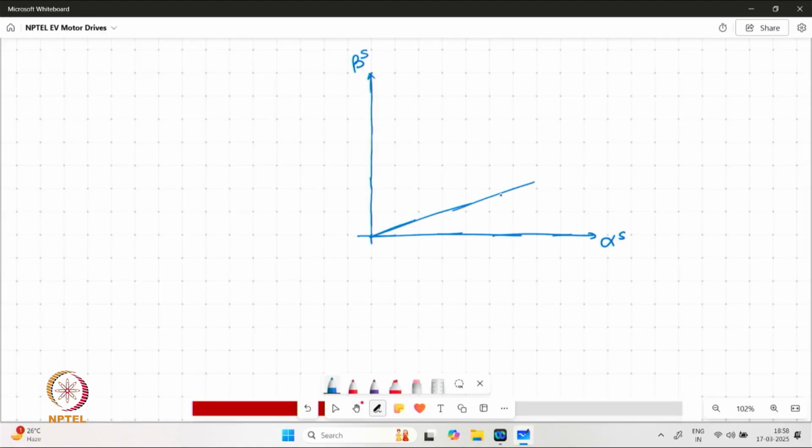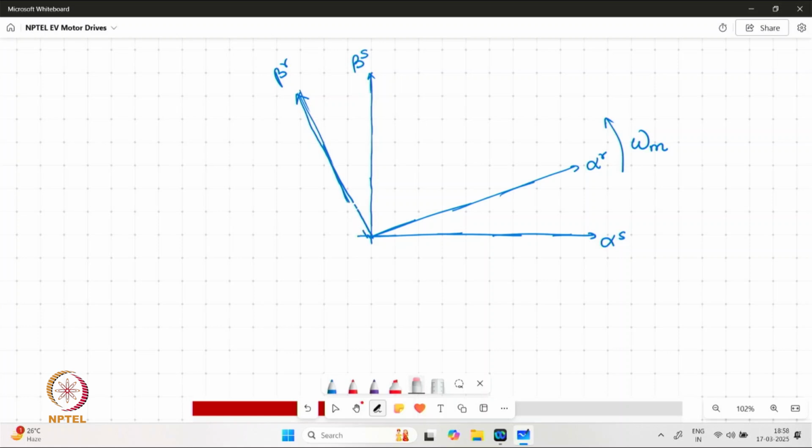Then we have the rotor frame of reference alpha r beta r, which means that with respect to stator, this frame of reference is moving with the speed omega m, which is the rotational speed of the rotor, and we are referring to electrical radian per second.